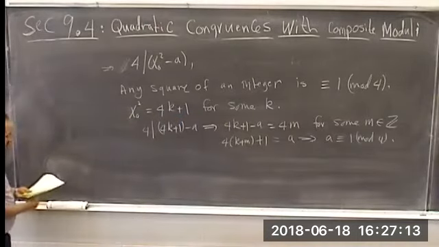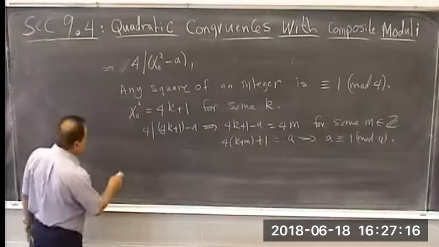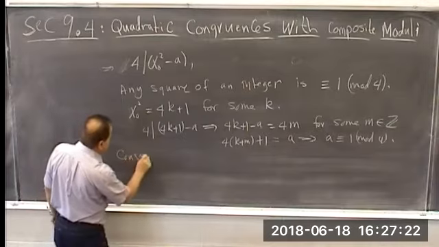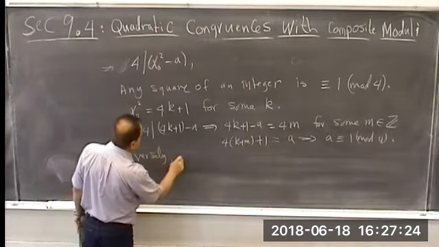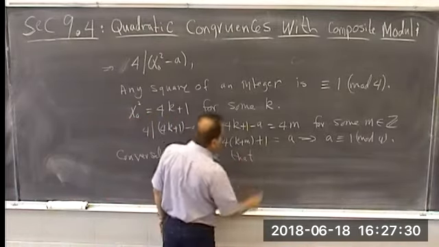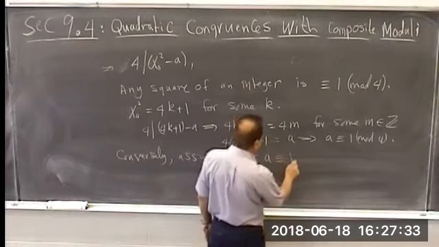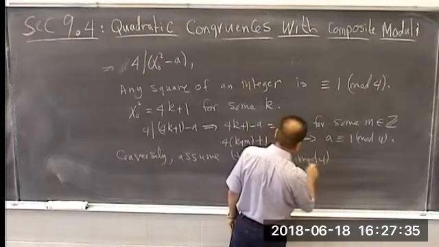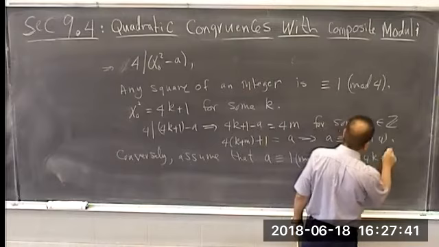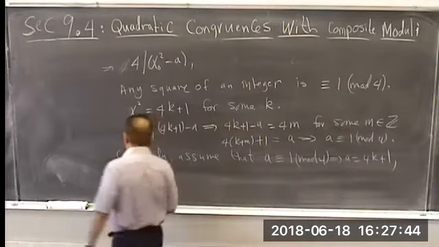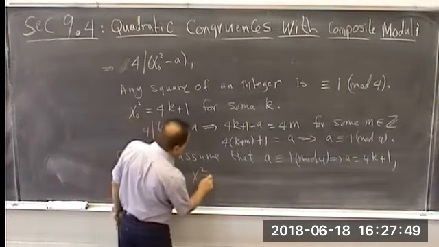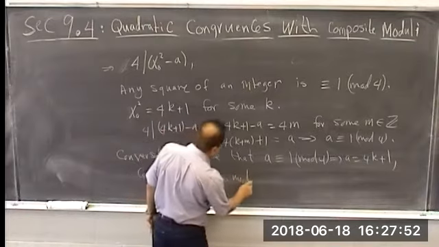Now let's go with the converse of this. Conversely, assume that A is congruent to 1 mod 4, and this makes A equal to 4k plus 1. Now let's consider this congruence mod 4.